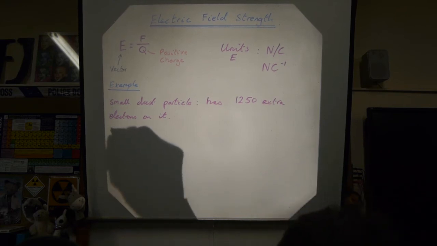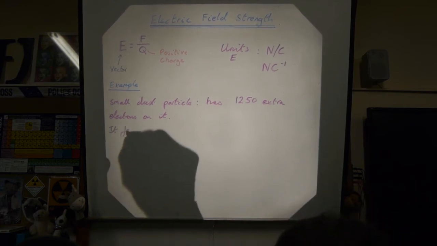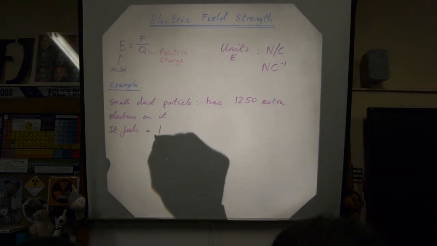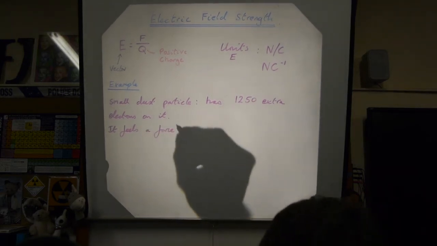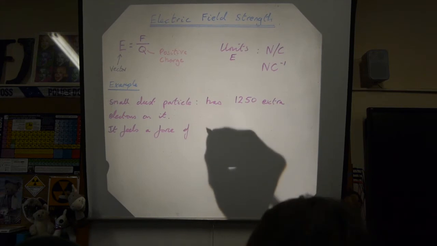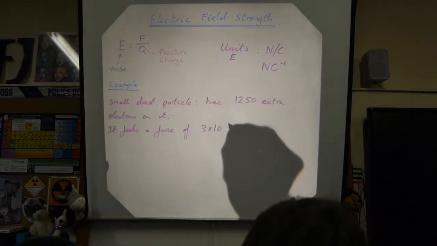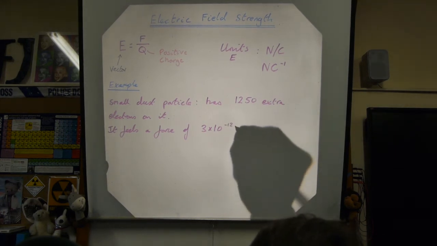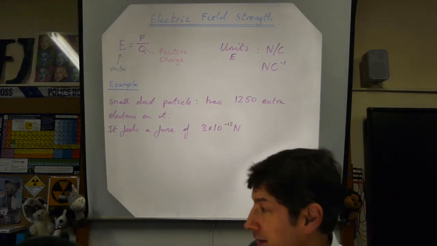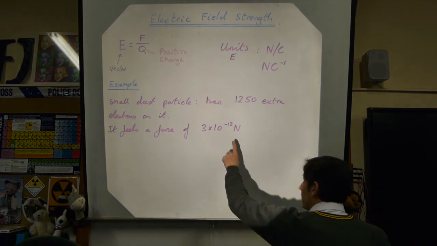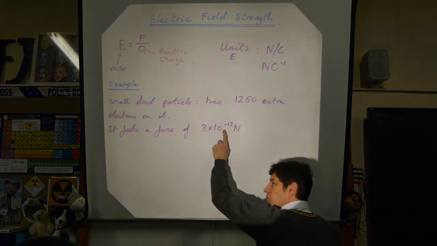So it feels a force, and this force is going to be very small: 3 times 10 to the minus 12 newtons. You might want to think what 10 to the minus 12 is called.